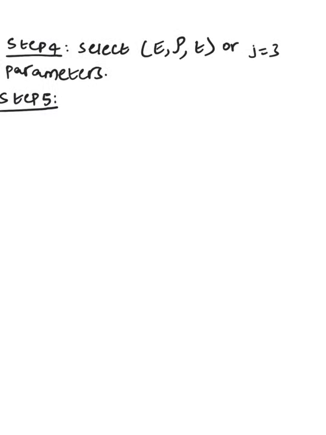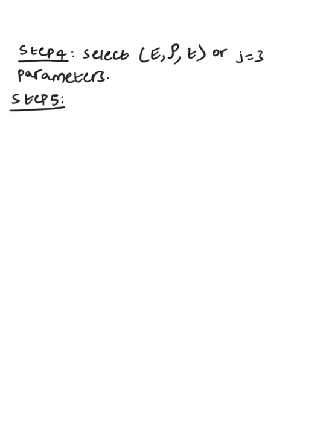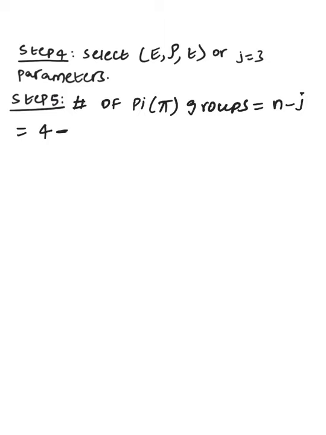So the number of pi groups is n minus j, which is 4 variables minus 3 parameters, giving one pi group.